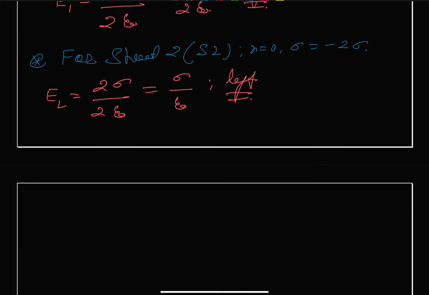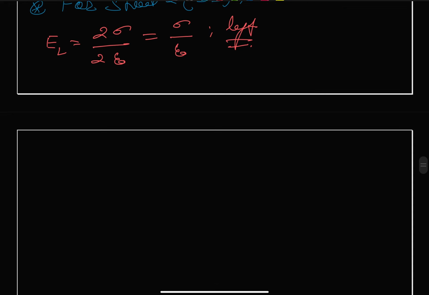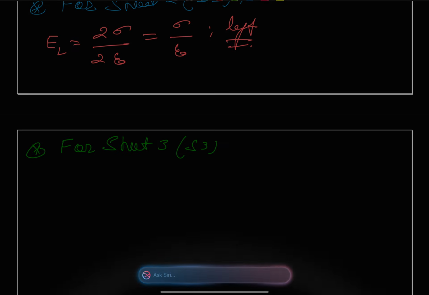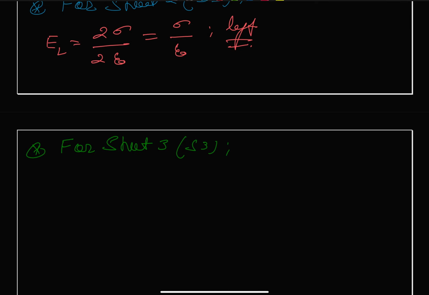Finally, sheet 3. For sheet 3, that is our S3, we have x is equal to 3a, and sigma is given as plus sigma.